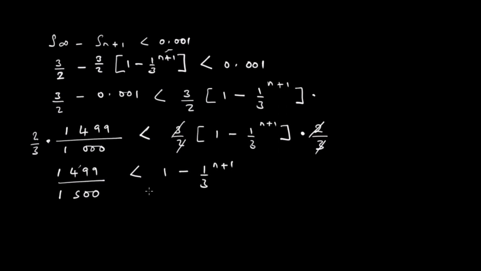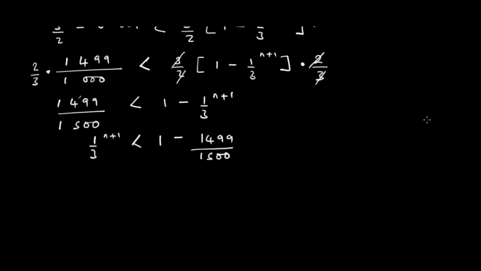Then when we move things around, the negative brings a third to the n plus 1 to the other side, and it is less than 1 minus 1499 over 1500, which means a third to the n plus 1 is less than that.